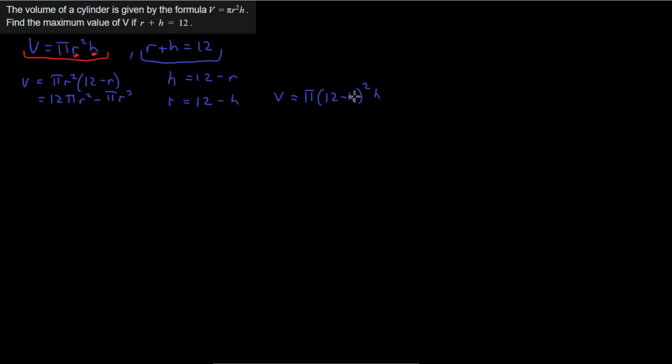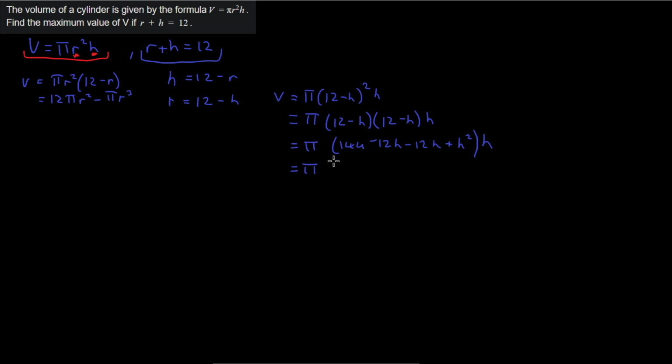Oh, I've got to expand. All right, no, let's do this. I said I was going to do it. So, whenever I'm expanding these, what do I like to do? I like to write each bracket separately. That way I don't forget to apply FOIL correctly. So 12 times 12, 144, minus 12h, minus 12h plus h squared, times h.